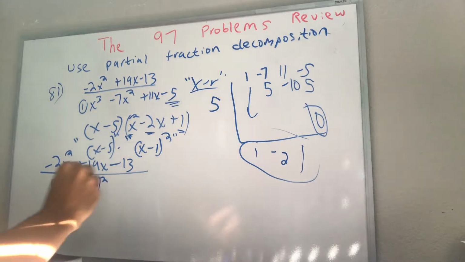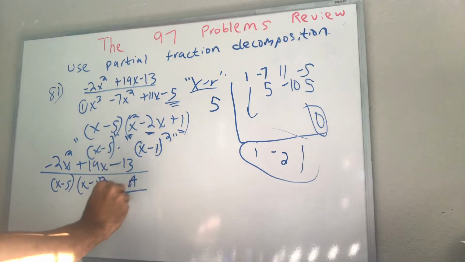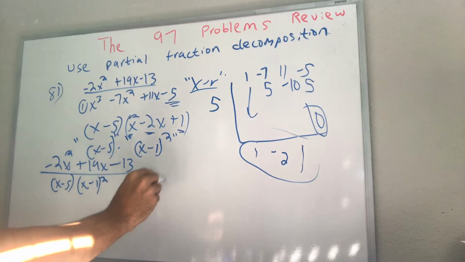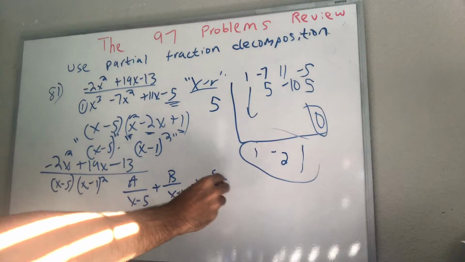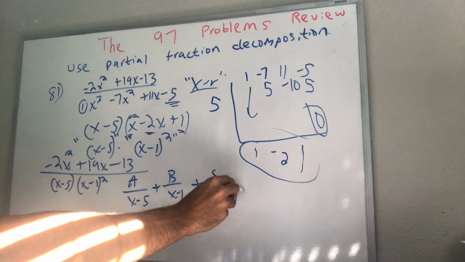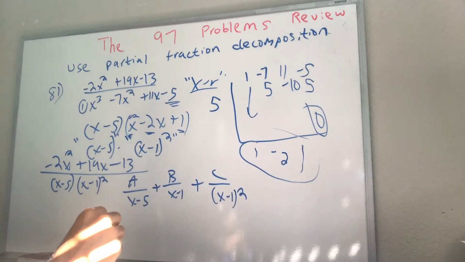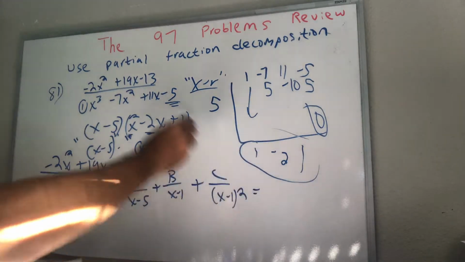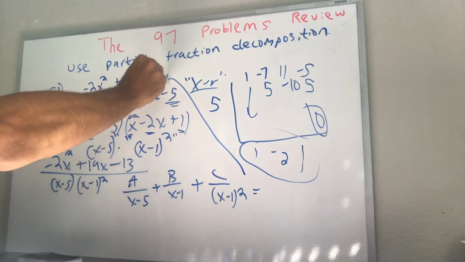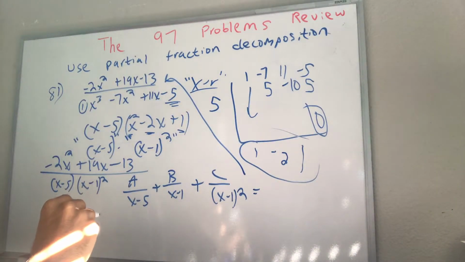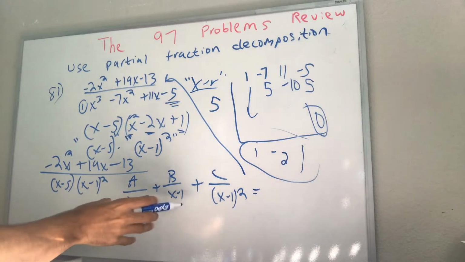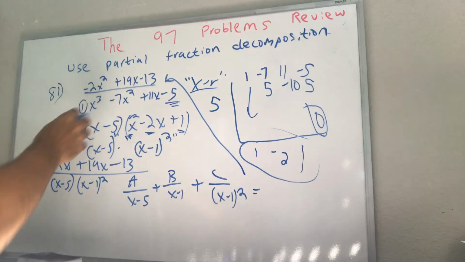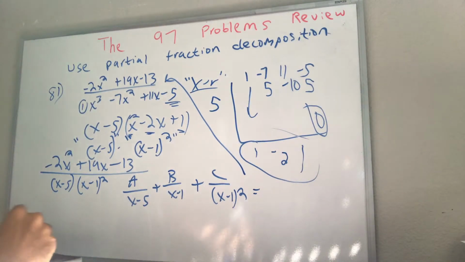Well, now what I'm saying is that a divided by x minus 5 plus b divided by x minus 1 plus c divided by x minus 1 squared must be giving me this expression over here. So now I want a common denominator here, which is effectively this, x cubed minus 7x squared plus 11x minus 5.